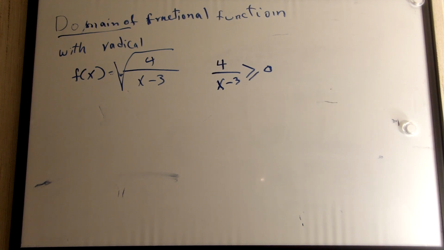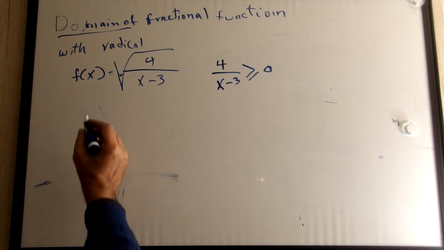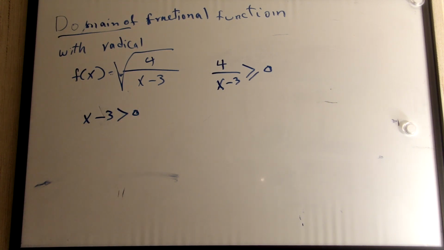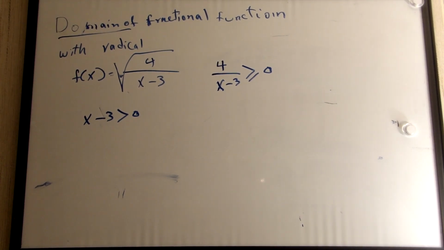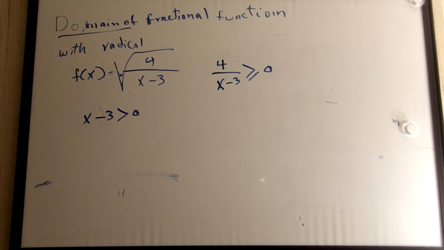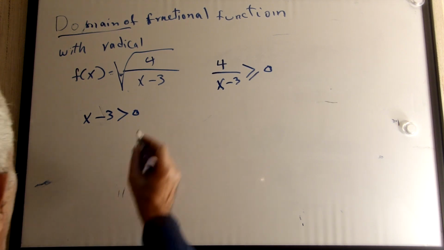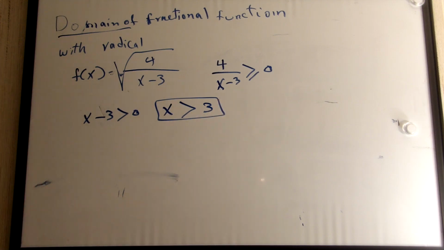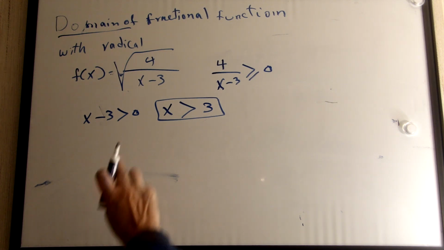So what we do, we say x minus 3 has got to be greater than 0. It's going to be positive. Whatever we say is greater than 0, it means it's positive. So x is greater than 3.